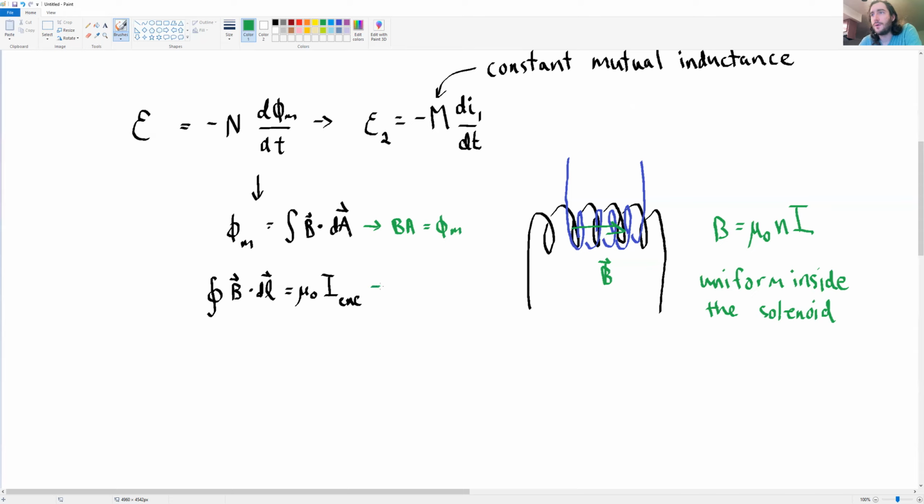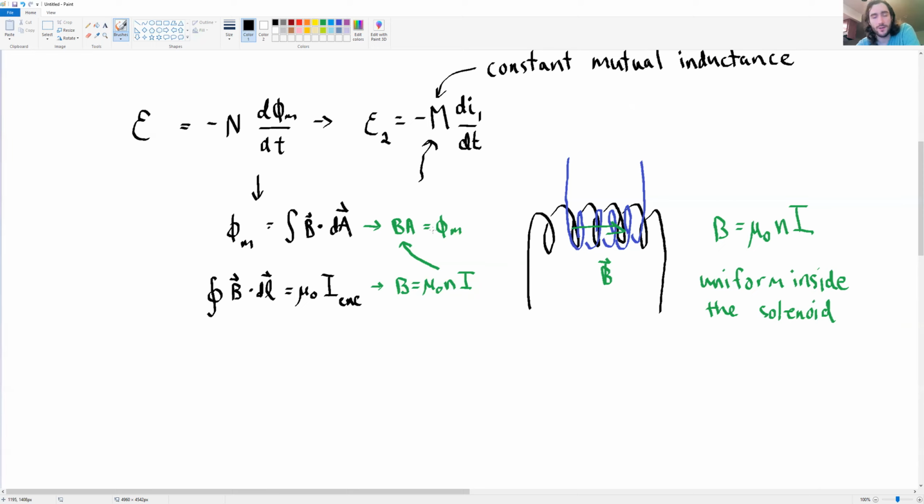And then over here, for the solenoid, we already know the answer, right? B is mu 0 n times I, which I already wrote down. You can just substitute this in over here, and when you take a time derivative, the only thing changing with respect to time is the current I, right? And so we can see what M might be equal to in this simple case.